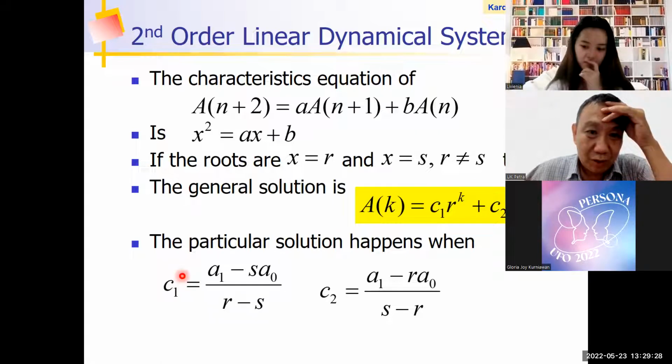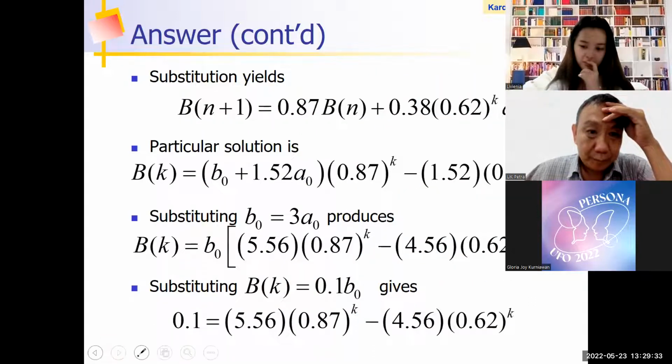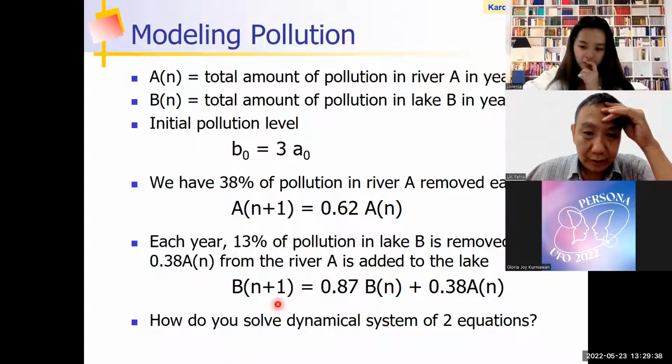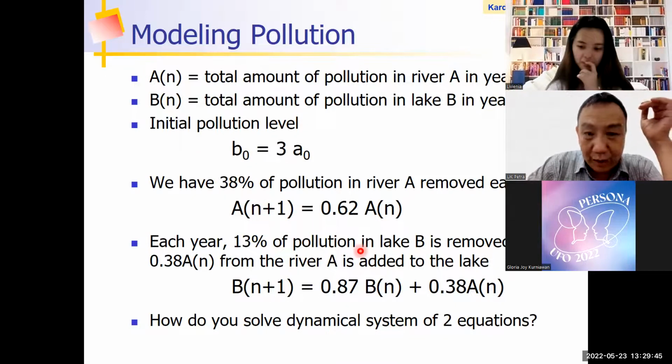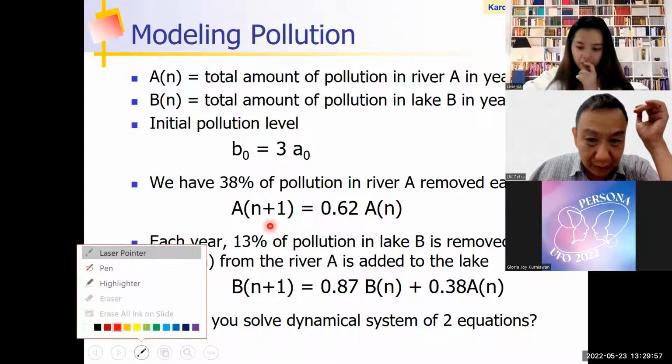Okay, so in the previous problem, you need to solve these two equations together. You put it here. This is n plus 1, and this one is n plus 1, correct? But this in here is n. So if you want to put it as n, what you will do? Make it minus 1. So this one becomes An, that means 0.62 times An minus 1.